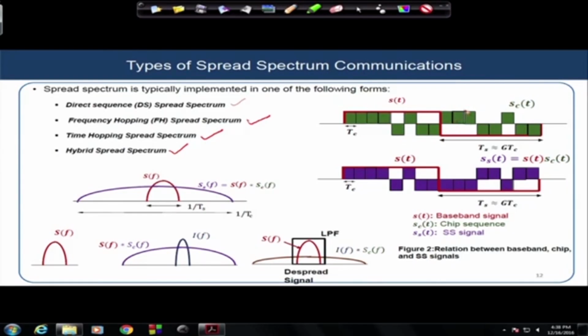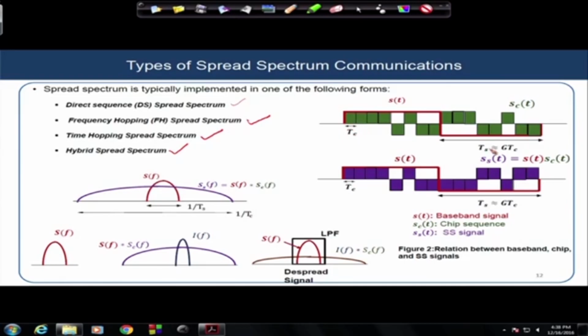This smaller green graph that you are seeing is the pseudo noise, or the key, or the code sequence that will help me modulate my signal. So Sc(t) is the code sequence, S(t) is the data sequence. Sc(t) has a time duration of Tc.